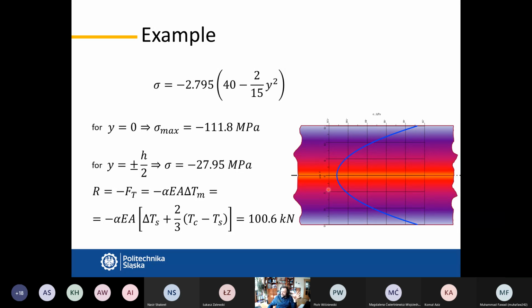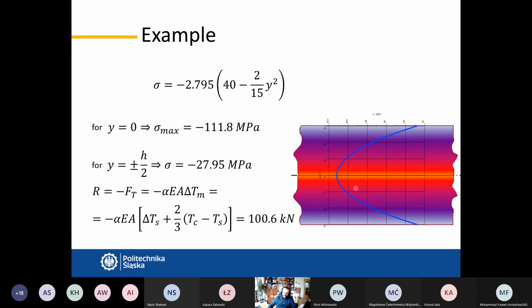If the system was unconstrained, so it was free, we can imagine the situation which was observed with the concentric pipes connected together, as we discussed in the previous part of the lecture. In this case, the internal part tends to extend more. It is constrained by the external part.